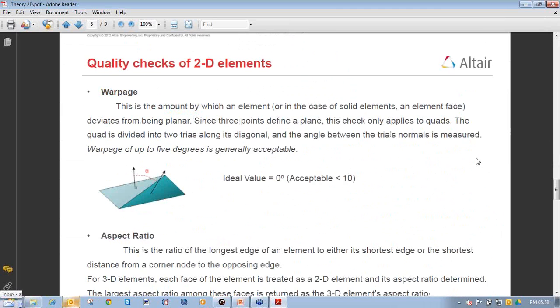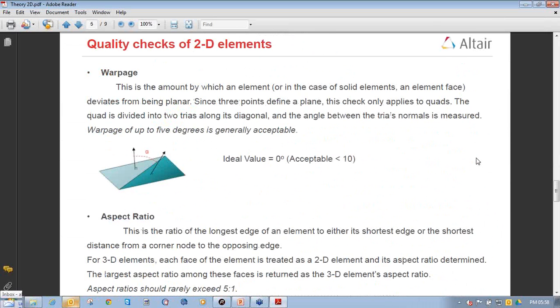Then there are different quality checks for 2D element. We will discuss each of them one by one. First is warpage. This is the amount by which an element, or in the case of a solid element an element face, deviates from being planar. Since 3 points define a plane, this check is only applicable for quad elements.